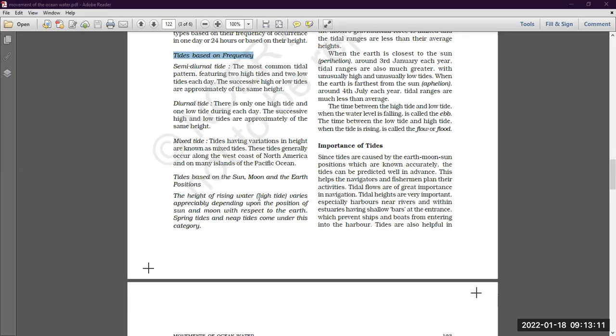The rise of the water means the high tide, and the fall means the low tide. So this should be clear to you. What do you understand by high tide? High tide means rise of water. What do you understand by low tide? That means the fall of the water. So the height of the rising water, the high tide, varies appreciably depending upon the position of the Sun and Moon with respect to the Earth.